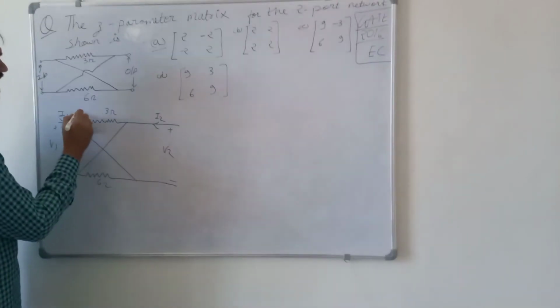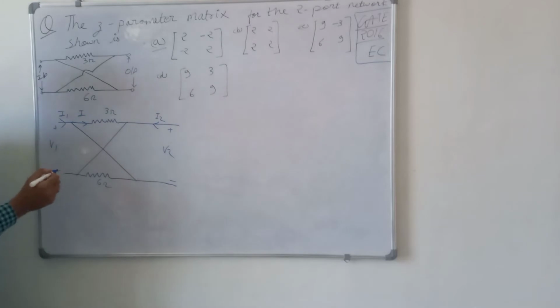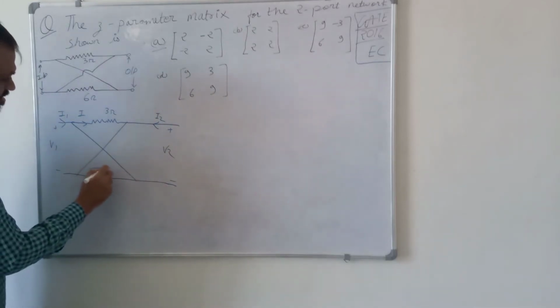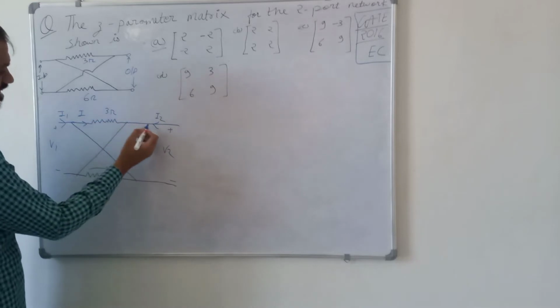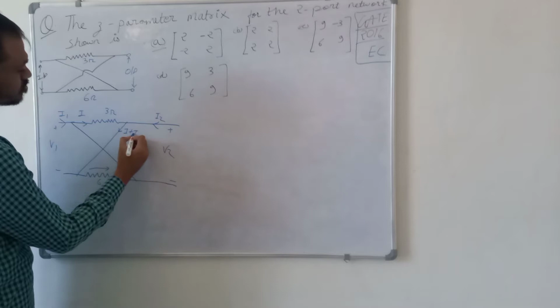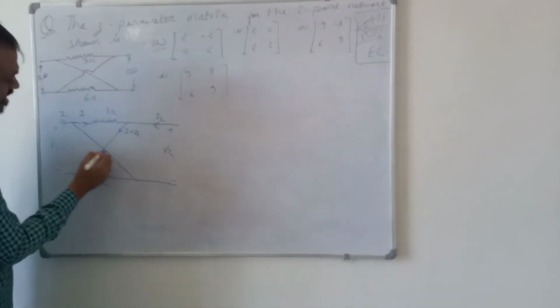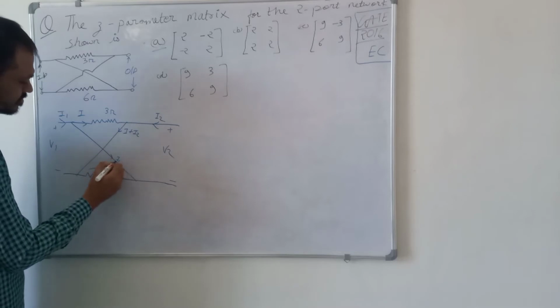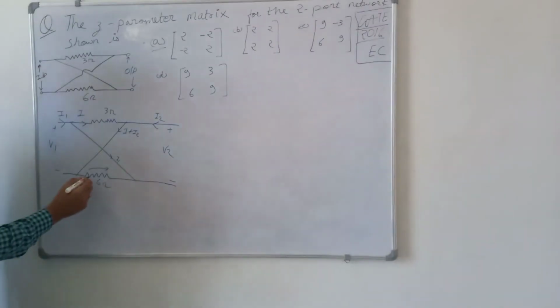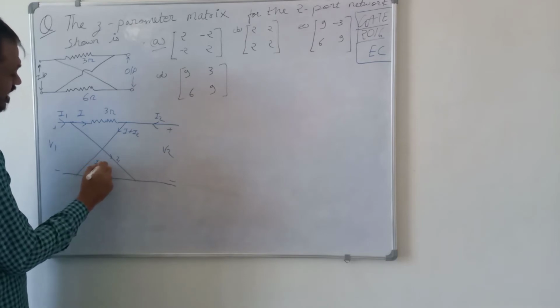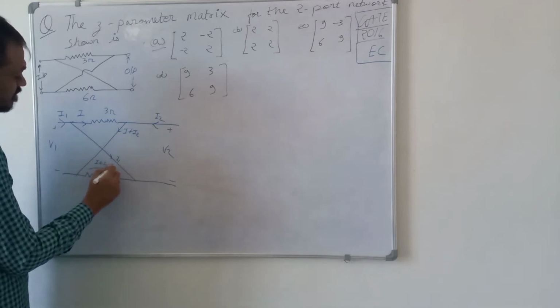Let this current be I. So the current flowing through this 6 ohm resistor is, this I is flowing here, this I2 is flowing here, so this is I plus I2. And this I1 is flowing here. So the current flowing through here is I plus I2 minus I1.